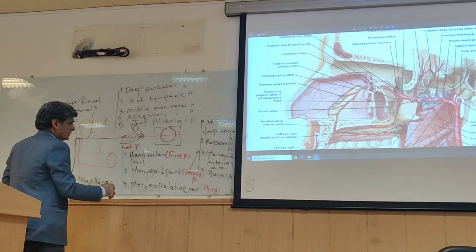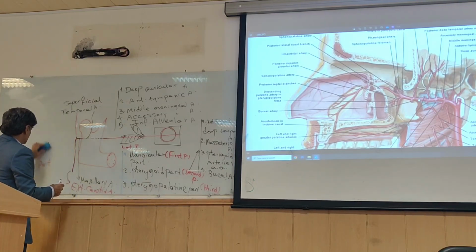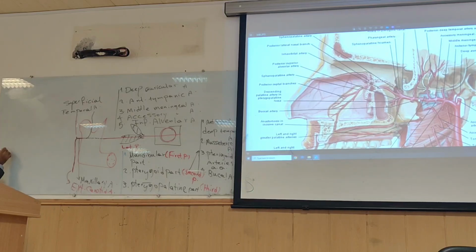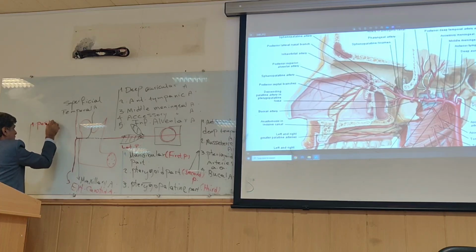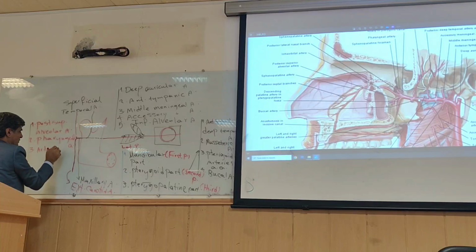The third part contains branches. One, posterior superior alveolar artery. Two, pharyngeal artery. Three, artery of the pterygoid canal.